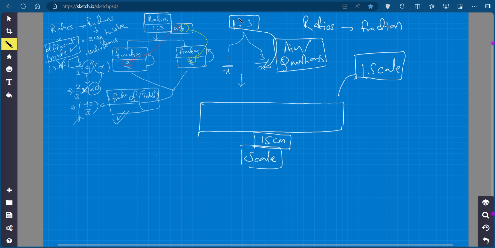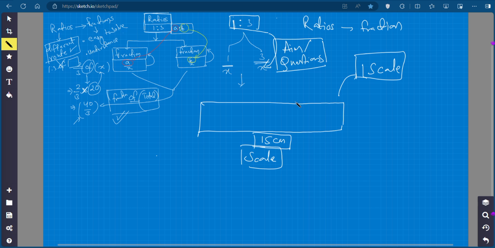Now this student says, I'll break this scale and keep one part of it with me and give three parts to the other person. We also saw the other example of distributing 12 laddus in the previous example, right? This is similar. Now how can we break this into parts?